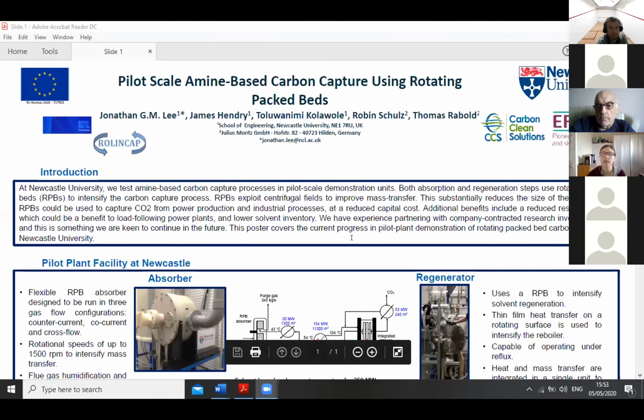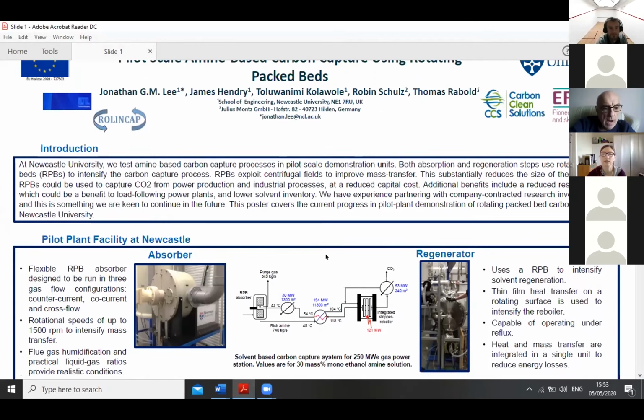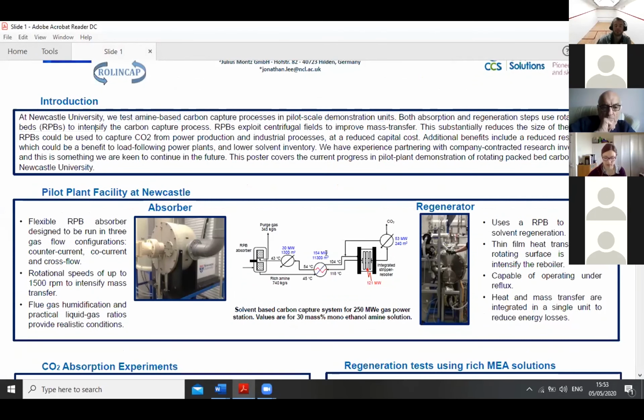At Newcastle University, we're testing amine-based carbon capture processes in pilot-scale demonstration units. So we've got units that will do both the absorption and the regeneration step, and both of these machines are using rotating packed beds to intensify the carbon capture process.